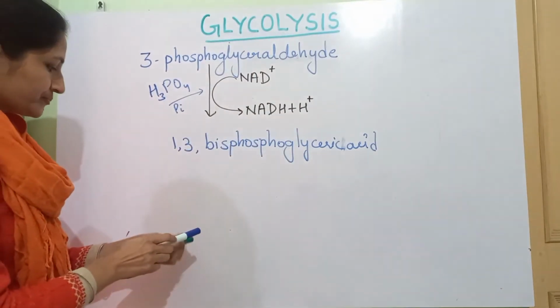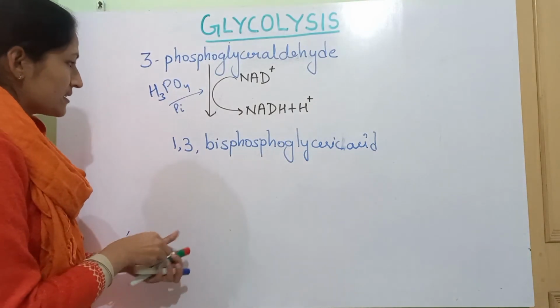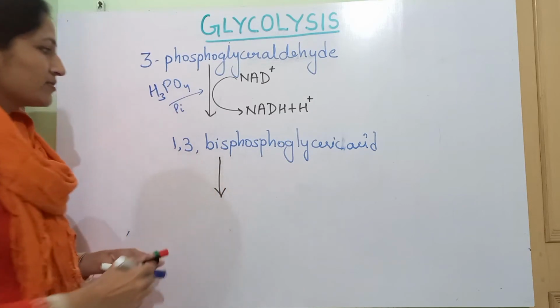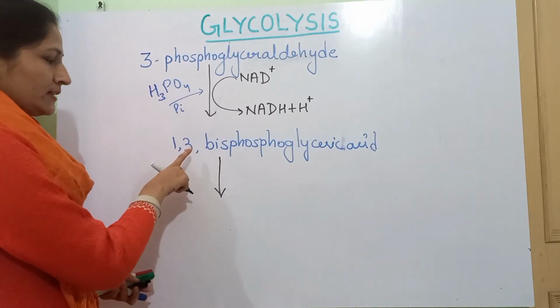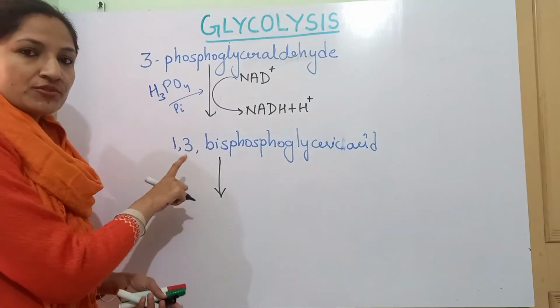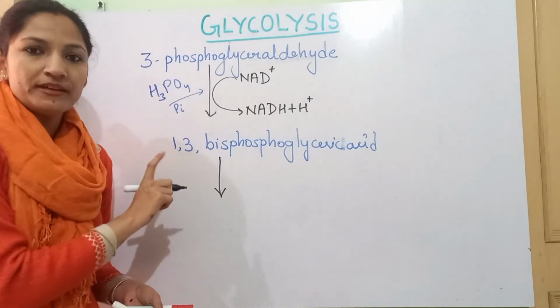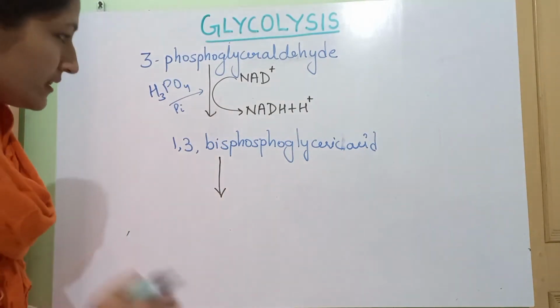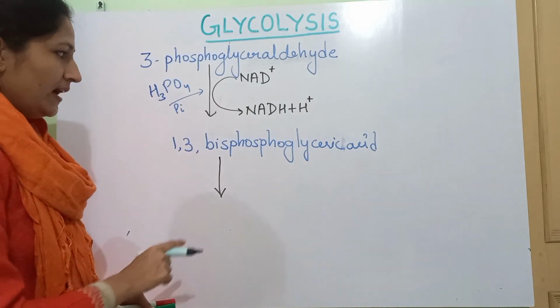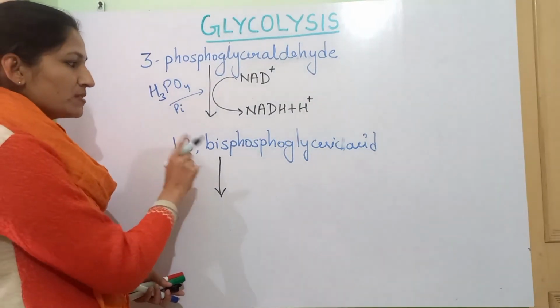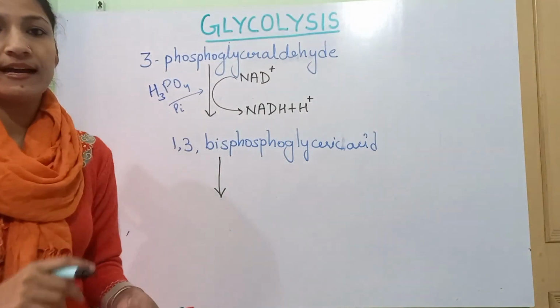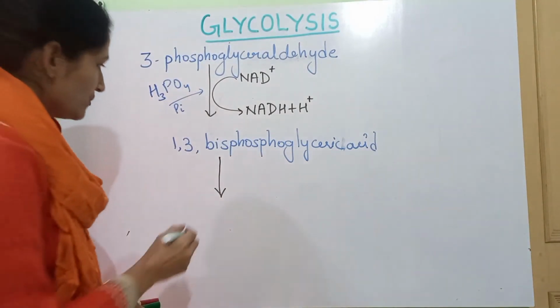After this, in the next step, this phosphate is going to get removed from here to form ATP. So in our next step, what is going to happen? Synthesis of ATP and conversion of this bisphosphoglyceric acid into 3-phosphoglyceric acid. Okay, so we'll see.